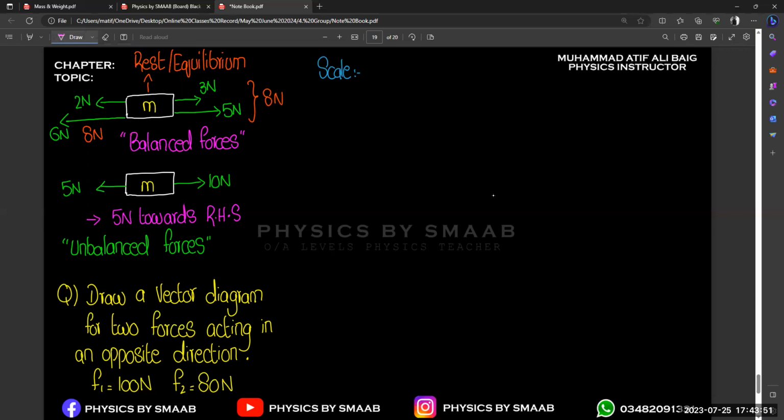So let's suppose we can simply write the scale as 10 Newton is equal to 1 centimeter, right? So your force 1 will be 10 centimeters. We need to draw 10 centimeters in any direction, because direction is not specified in the question. So 10 centimeters towards the right.